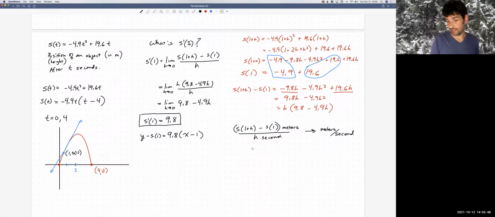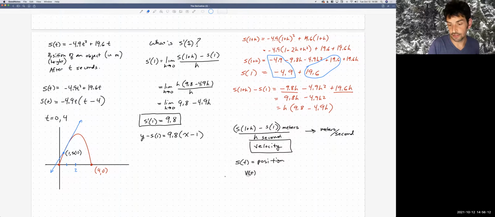We have a word for this. This is our velocity, right? So if we have a function s of t that gives us position, then s prime of t, maybe we'll write it as v of t.